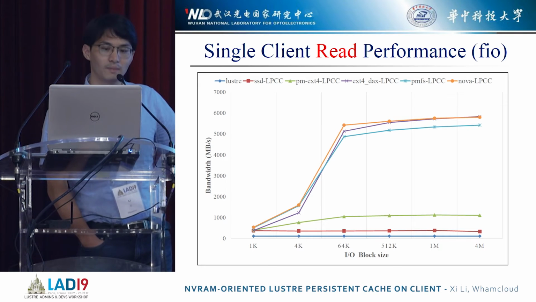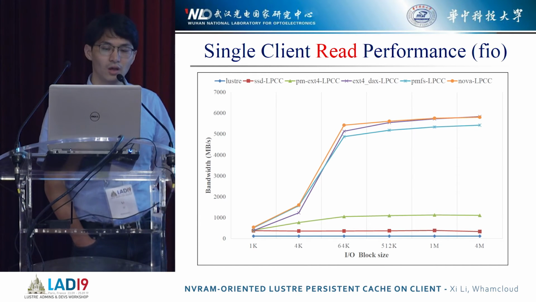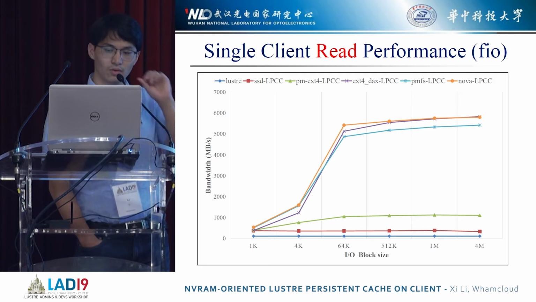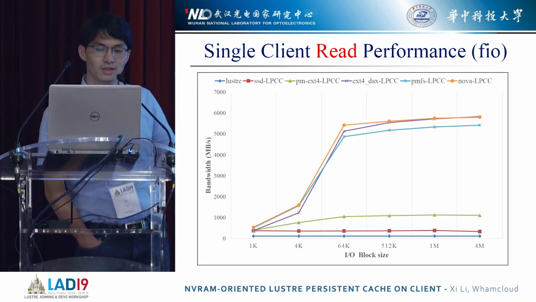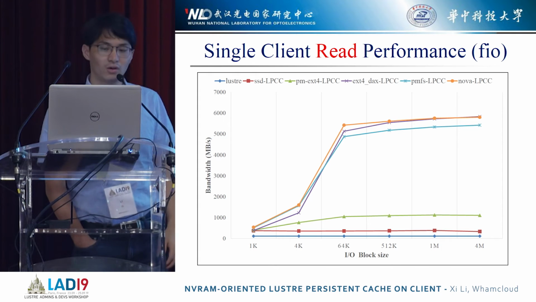But the other four lines are PCC on top of NVRAM, but they use different file systems. So the green one uses the EXT4 file system without any special feature for NVRAM. The purple, I think, one uses the DAX feature of EXT4.